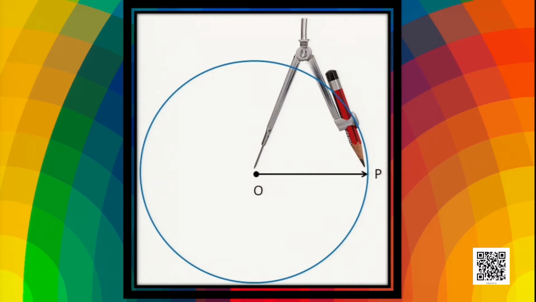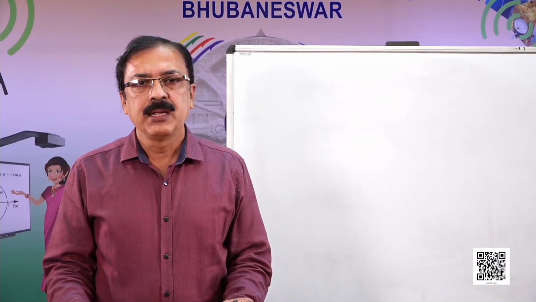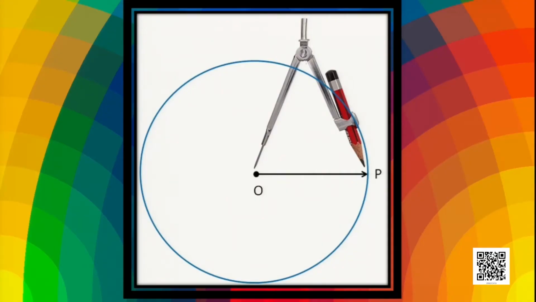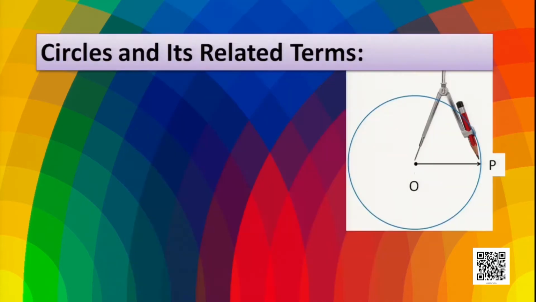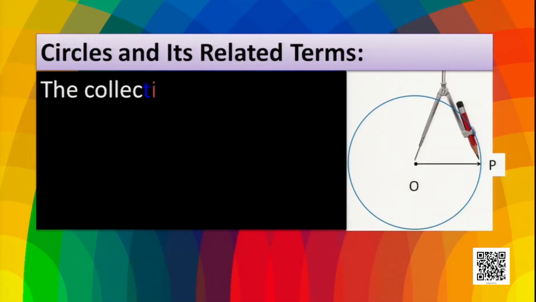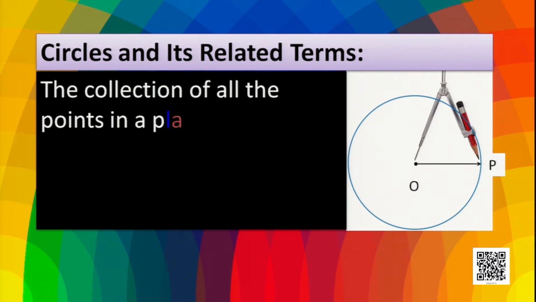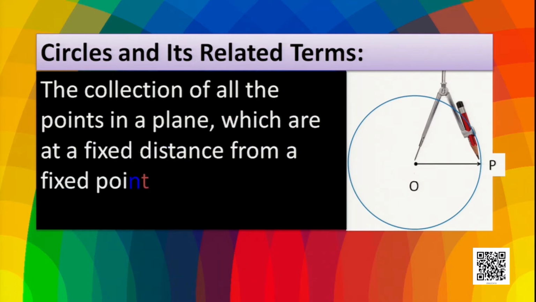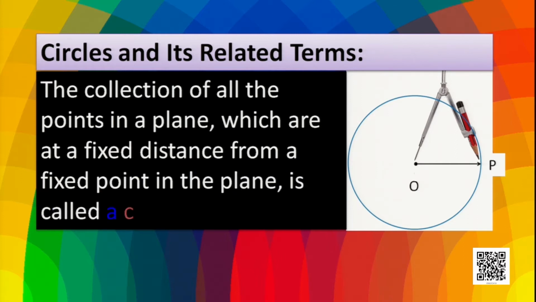So from this drawing of a circle, we can define the circle. If you see that O is fixed, but the pencil is always at a fixed distance. So we can say that the collection of all the points in a plane which are at a fixed distance from a fixed point in the plane is called a circle.